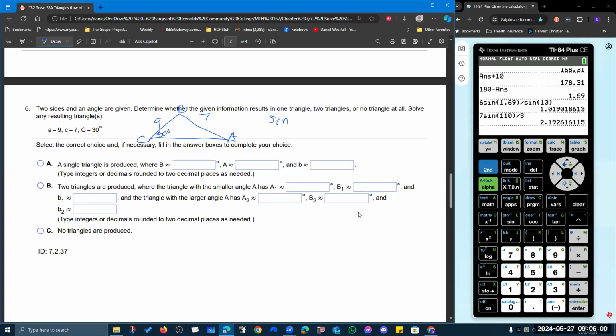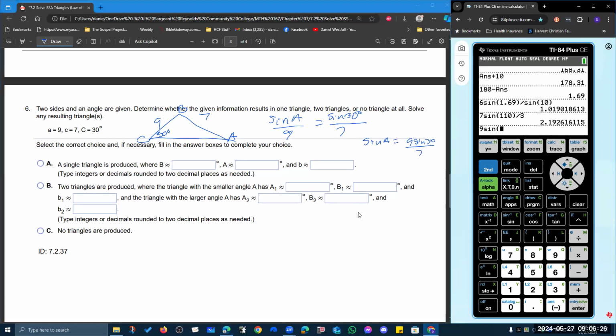So sine of A over side A is equal to sine of C over side C. And so that's going to be sine of A equals 9 sine of 30 over 7. Let's see what this is. 9 sine of 30 divided by 7 is within our range, so that's good.